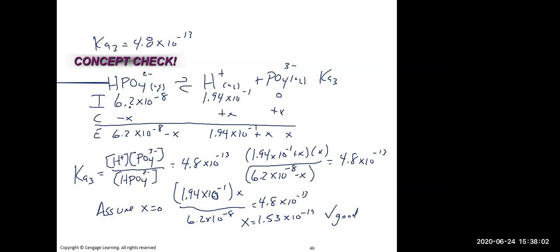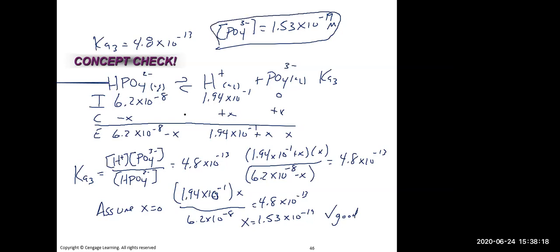So what does that mean? That means in this case, the phosphate concentration at equilibrium would be 1.53 times 10 to the minus 19 molar. And when we put that X value back into this table here and here, we also see the same thing. These numbers do not change.